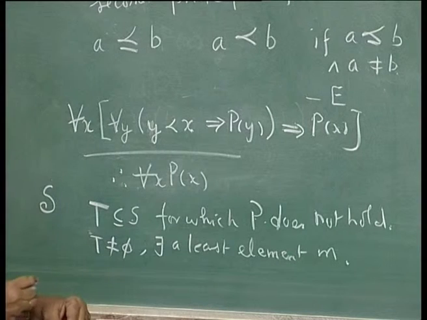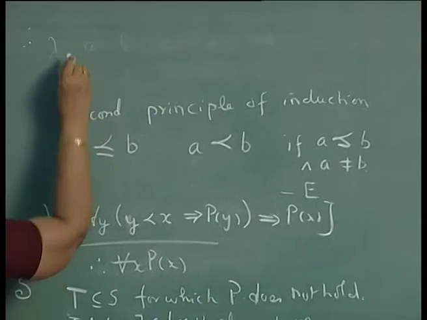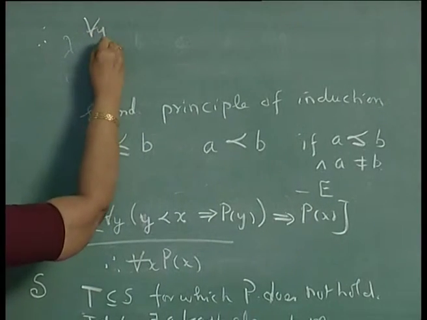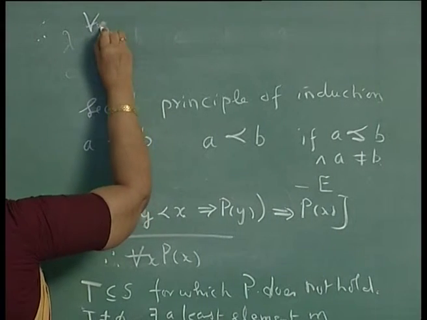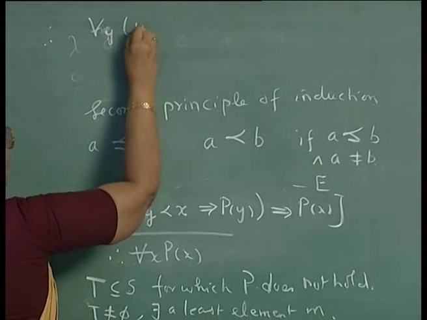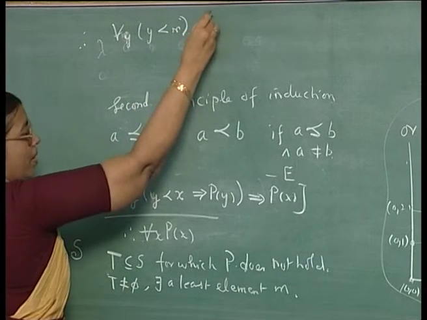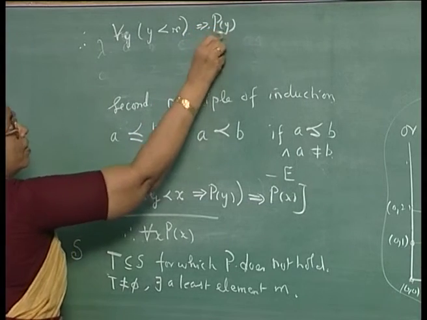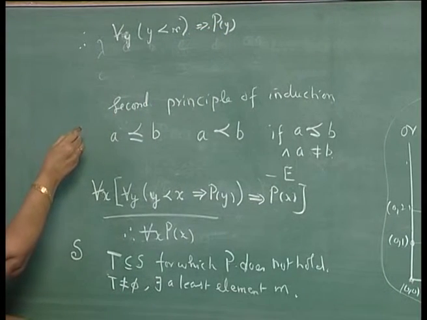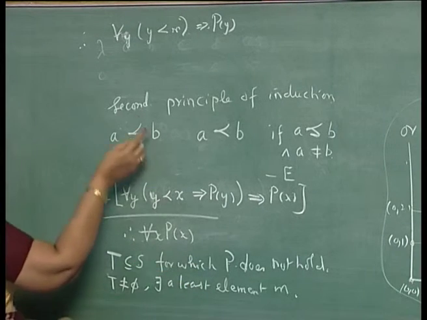There exists a least element M. Therefore, for all y, if y is less than m, the property P of y holds, isn't it? M is the least element for which the property does not hold.